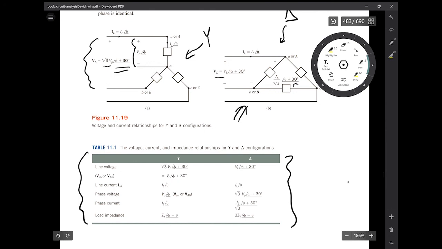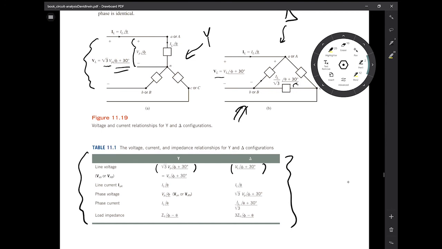For the delta configuration, the line voltage is just V line-to-line. For the Y configuration, it's going to be square root of 3 times the phase voltage. And then the line current, the phase voltage, and the phase current.